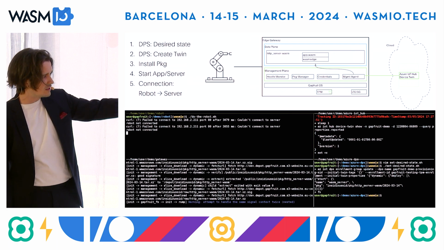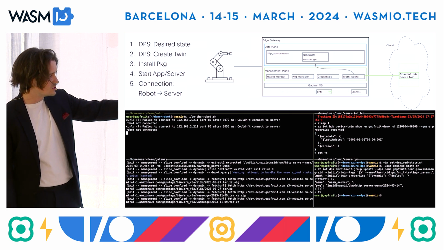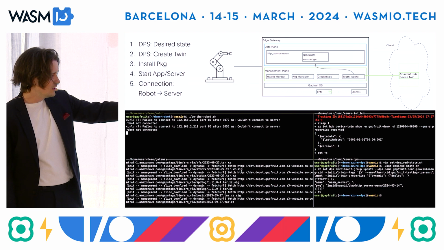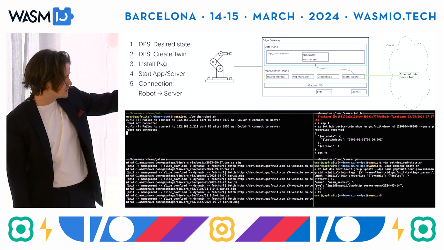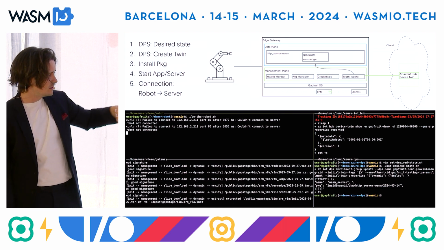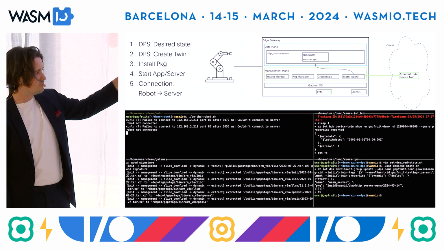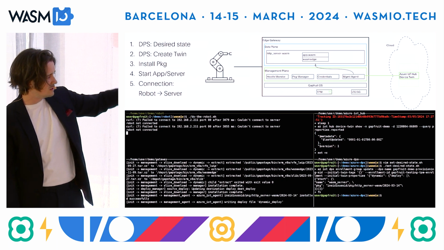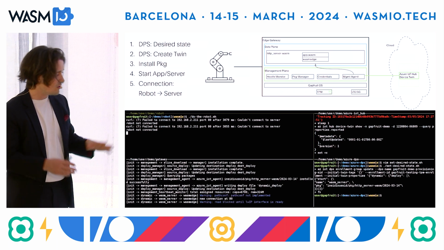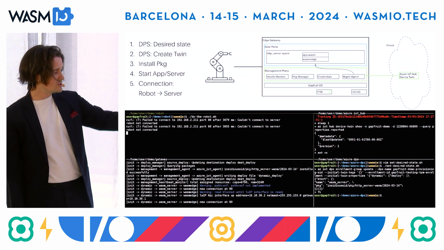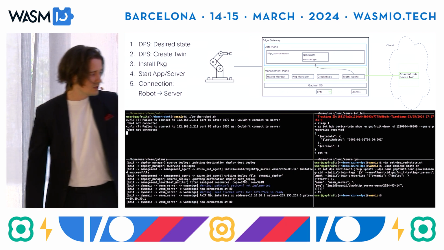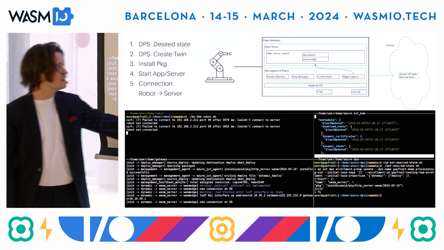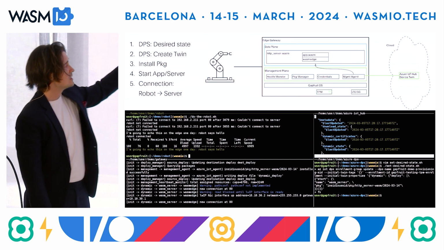And then we see that stuff is being pulled, such as Wasm Edge, spdlog, POSIX shim, OpenSSL, and stuff like that. It's now being verified for integrity and extracted, and now this Wasm Edge server is running and listening on port 80, and the robot is able to connect.